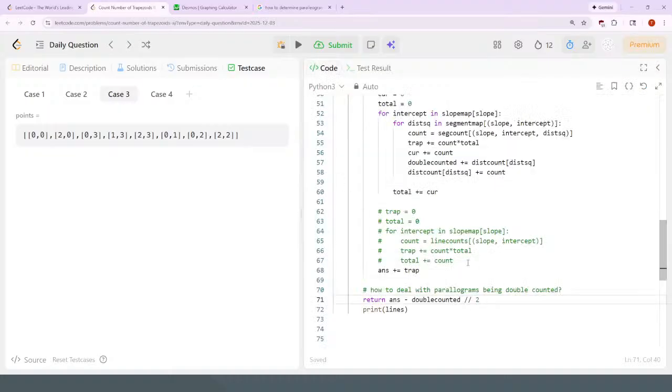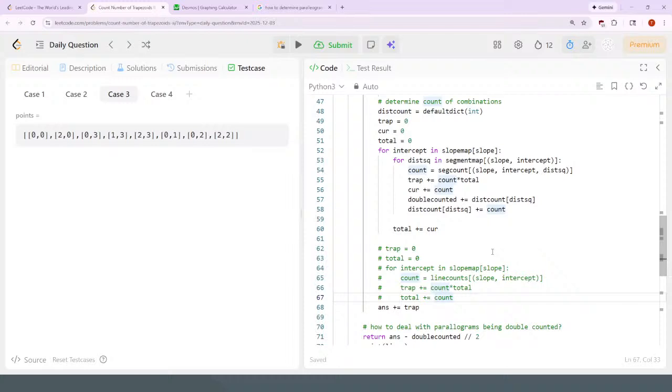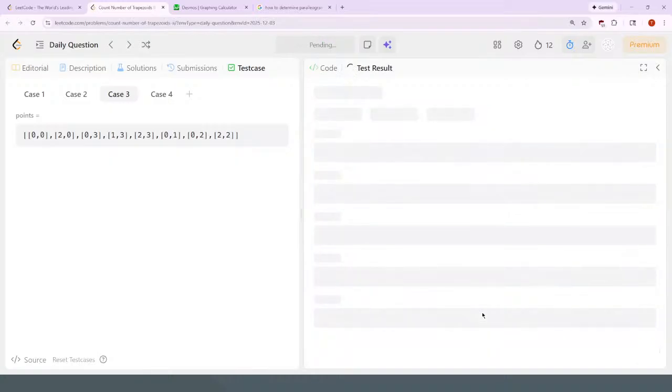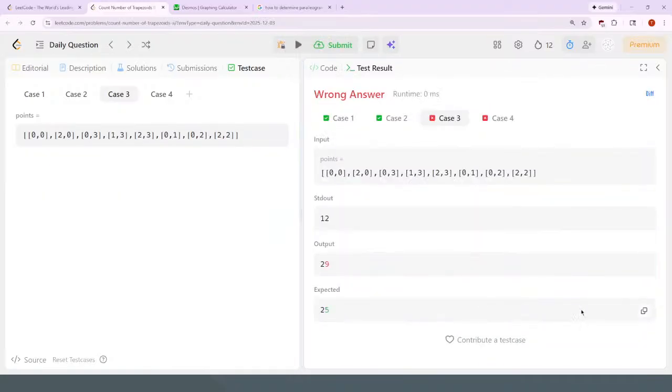So let's go ahead and see how much it double counts. I assume it double counted maybe 1 or 2. I mean, it has to double count an even number, so 2. It's not printing out the double count.